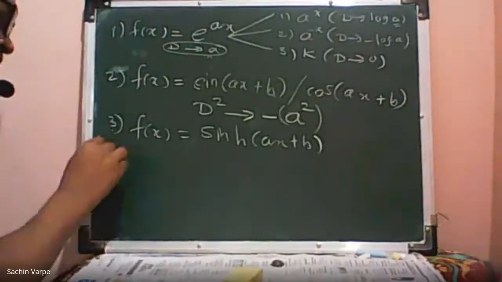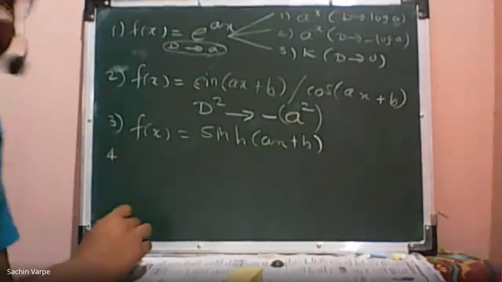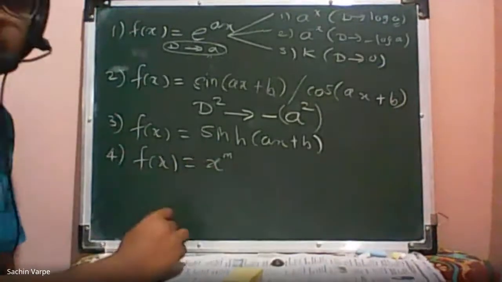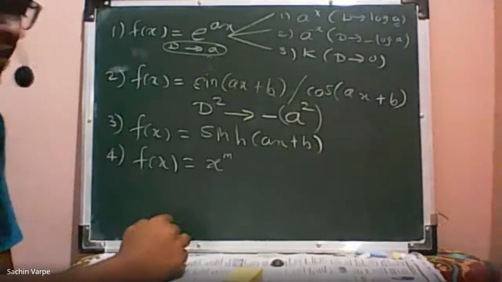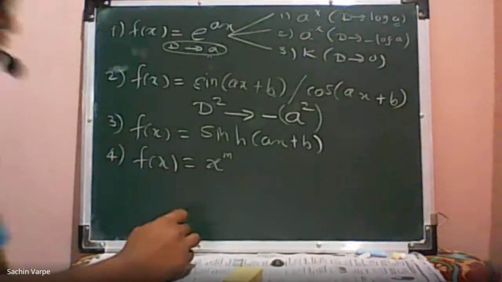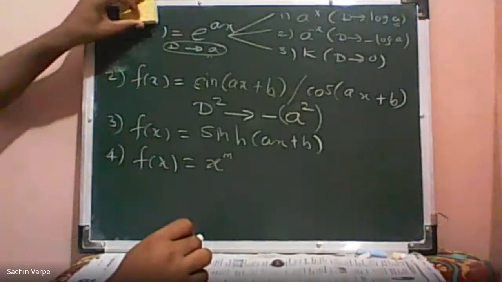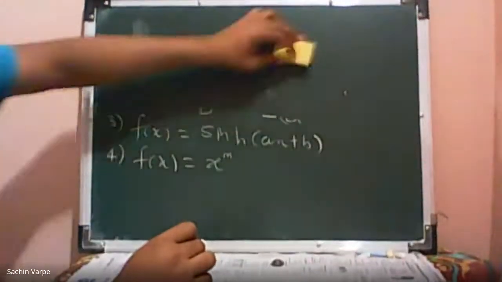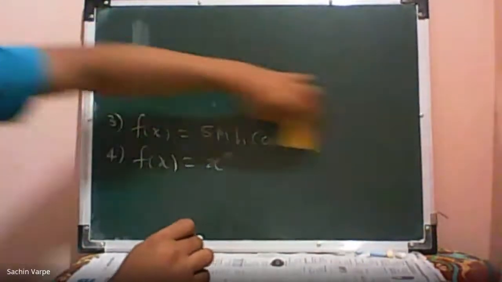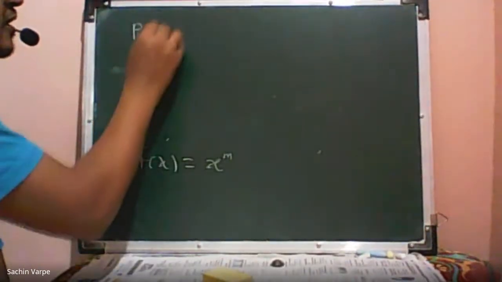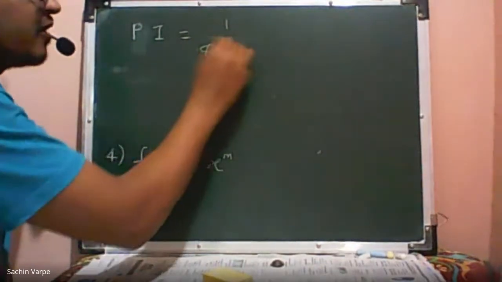The next, the fourth case we have discussed, is when the f of x is a polynomial function like x raised to m. Is it? Polynomial function. Then what we are doing? I have a limitation for board here. So for this polynomial function, the particular integral is 1 upon phi of d x raised to m.